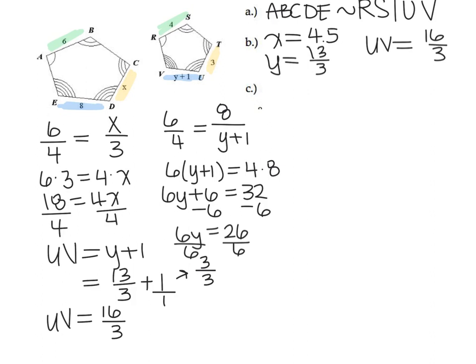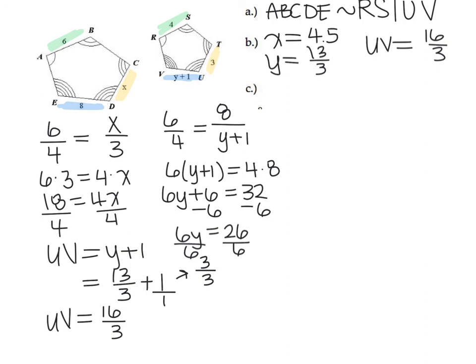And the last part of our problem asks us to find the scale factor. So the scale factor of ABCDE to RSTUV means we want to put a side from the polygon on the left over a side from the right. And I'm going to choose the whole number side, so I don't have to deal with dividing two fractions or a number in a decimal.